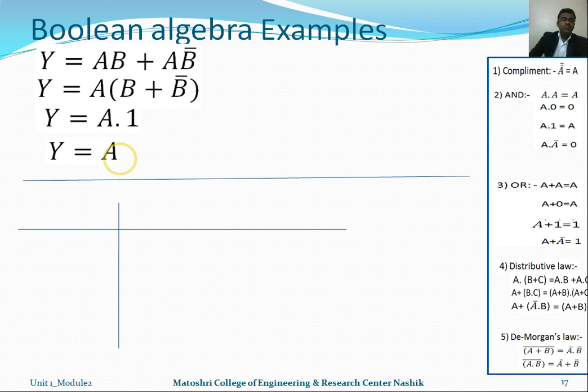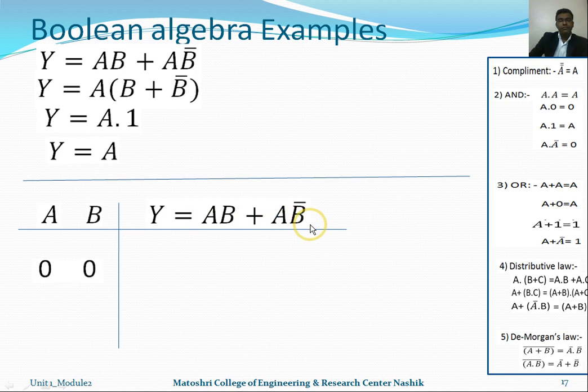If we take two inputs as the two variables in Boolean algebra, then the output is given as Y = AB + AB bar. The first possibility for two inputs is 0 0, both inputs are 0.